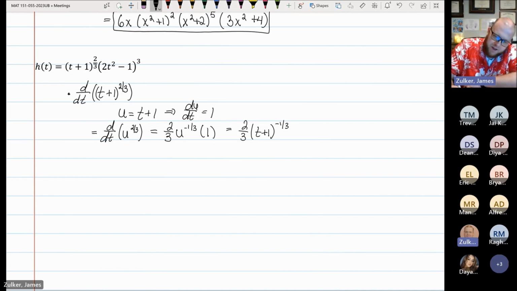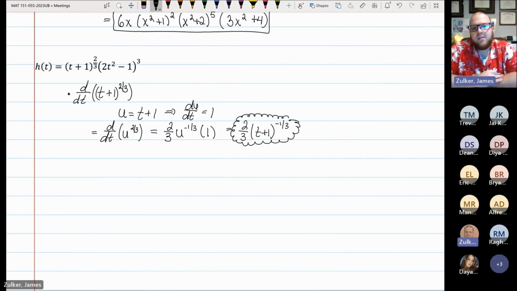So keep this one in mind, because that is the derivative of the first function that we need for product rule.